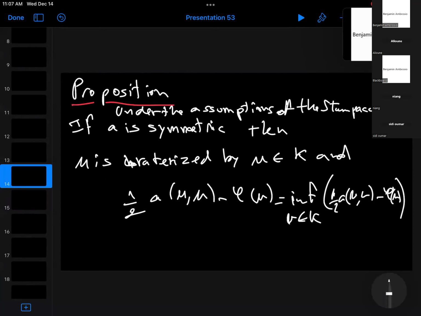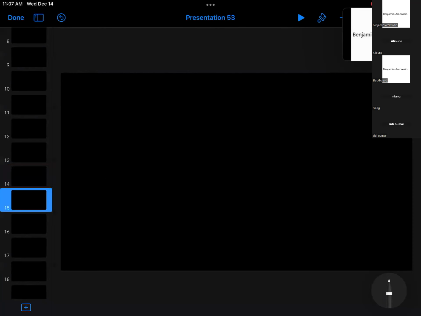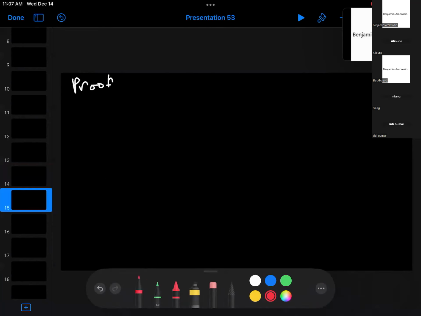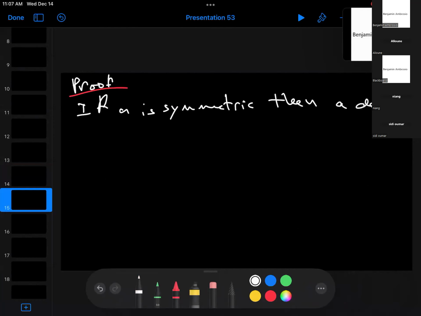So in this case, if A is symmetric, then A defines a scalar product.